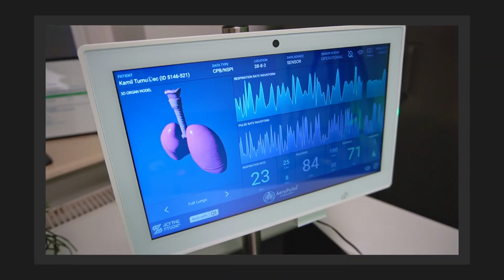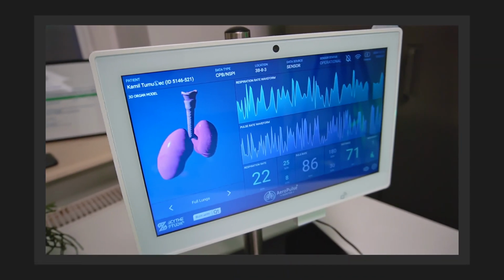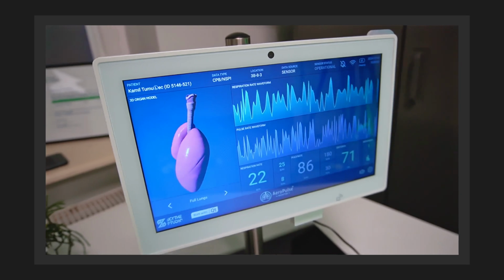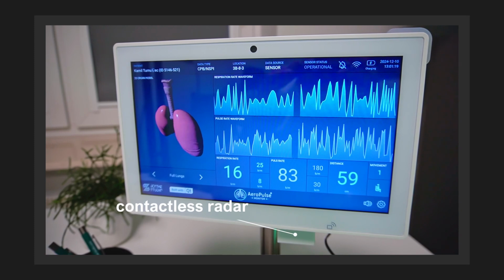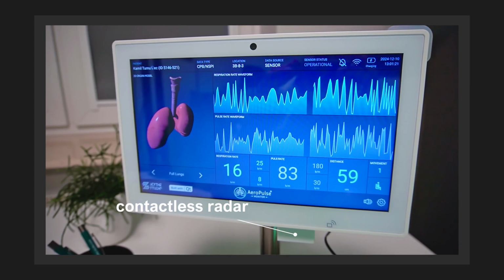Here is the demo of a patient's vital parameters monitor that measures breath and heart rate using this small contactless radar here. How high-level documentation for this device could look like.